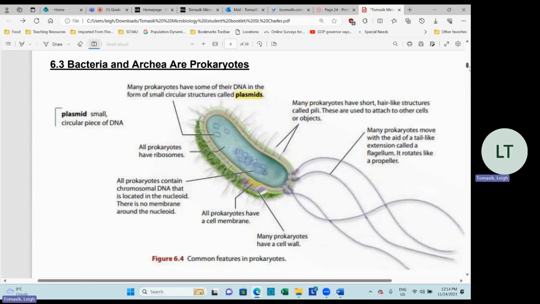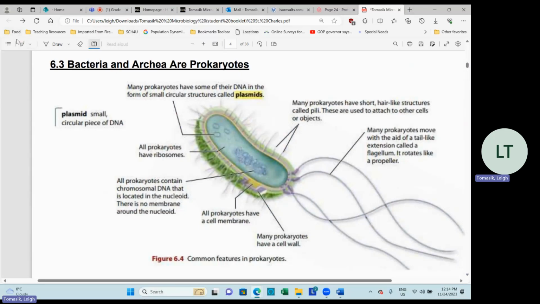Okay, so now we're going to look at bacteria and archaea, right? So bacteria and archaea, we said were prokaryotes. Many prokaryotes have some of their DNA in a small circular structure called a plasmid.